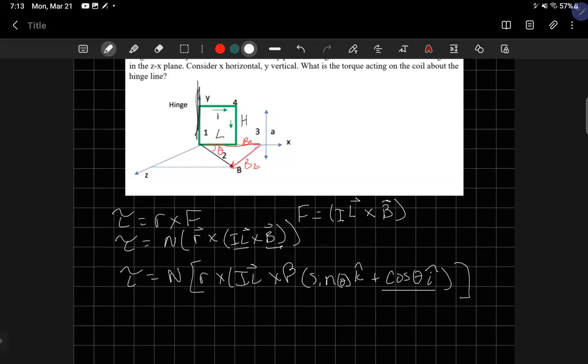My X component is only going to be on the, I guess, 1 and 3. And then my Z component, well, they're perpendicular to all of them. And Bx is only perpendicular to 1 and 3. So Z will be on 1, 2, 3, and 4, and X will be on 1 and 3.